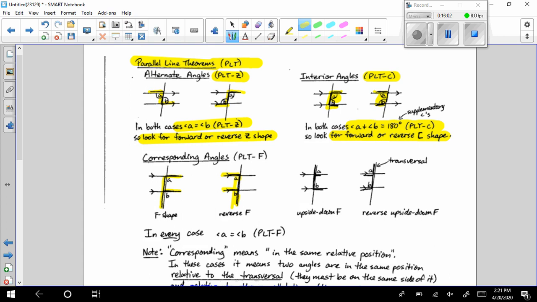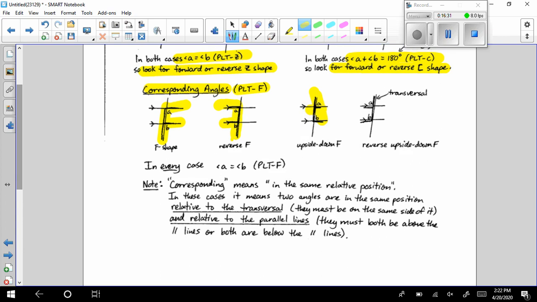The third relationship that's born out of parallel line theorem involves what we call corresponding angles. The letter that you need to look for is an F shape, and again, that can be a regular F, as I've depicted here. It could be a reverse F. It could be an upside down F. Or it could be an upside down and reversed F. In every case, angle A equals angle B, in every single one of those diagrams.